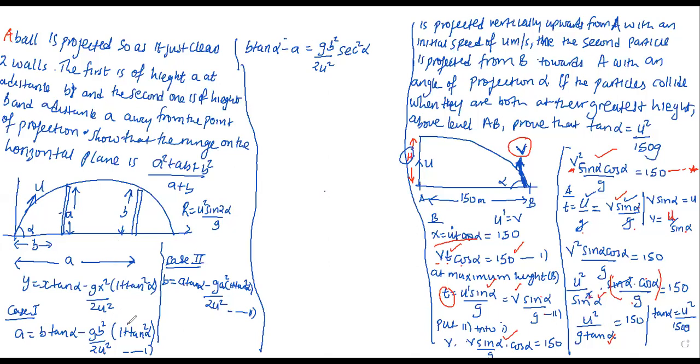I have condensed this to sec, and then I have moved it to the left-hand side. Let me call this equation star 1. Then for this one, I'll have a tan alpha minus b is equal to g a squared sec squared alpha over 2u squared. This is star 2.